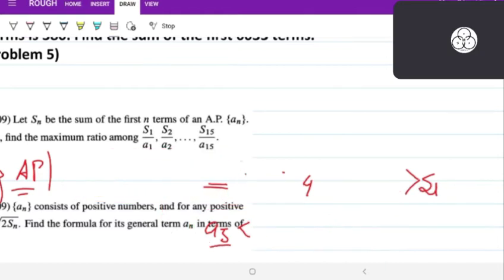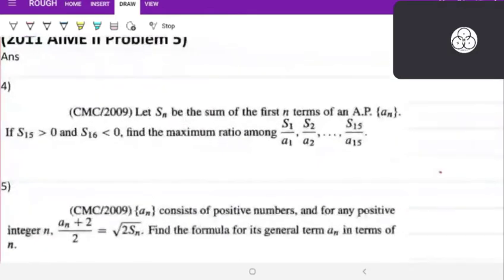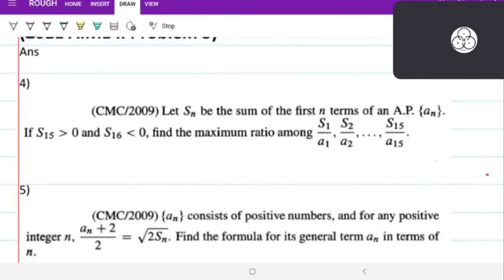These are some important, pretty simple observations. Now solving the problem is easy. Say A, B, C are in AP.